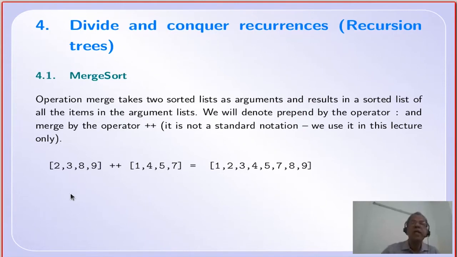The second widely used method for solving recurrence relations is using recursion trees, especially for divide and conquer recurrences. Yesterday we discussed, not yesterday, the day before yesterday we discussed merging two sorted lists.